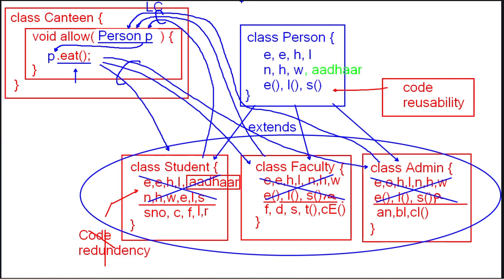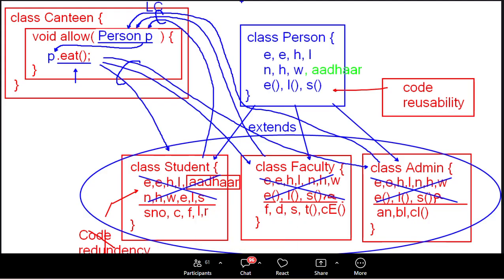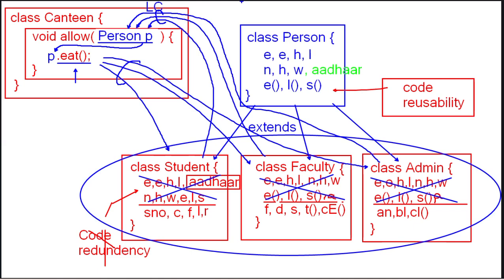The hook is a reference variable. If it is a Crompton company fan reference variable, Havells you cannot connect, Bajaj you cannot connect, V-Guard you cannot connect, different company fans you cannot connect. So that hanger is what type of variable? Fan type variable. That's why any fan you can connect.